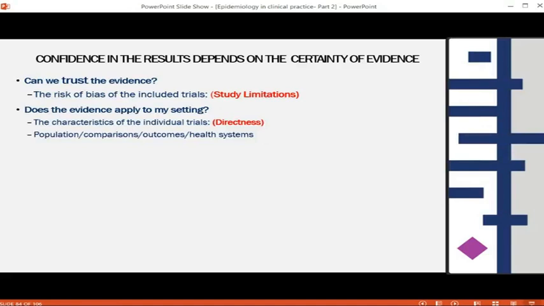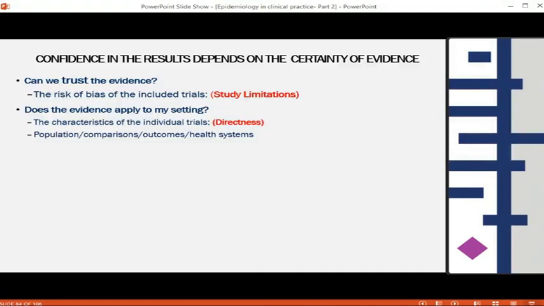Okay? So, for example, in a review which was done looking at antibiotics for Shigella dysentery, most of the studies had excluded children with severe malnutrition. That's because ethics committees won't allow you to randomize children with severe malnutrition in any trial. But the problem in the real world is lots of children with severe malnutrition get dysentery and they may die.